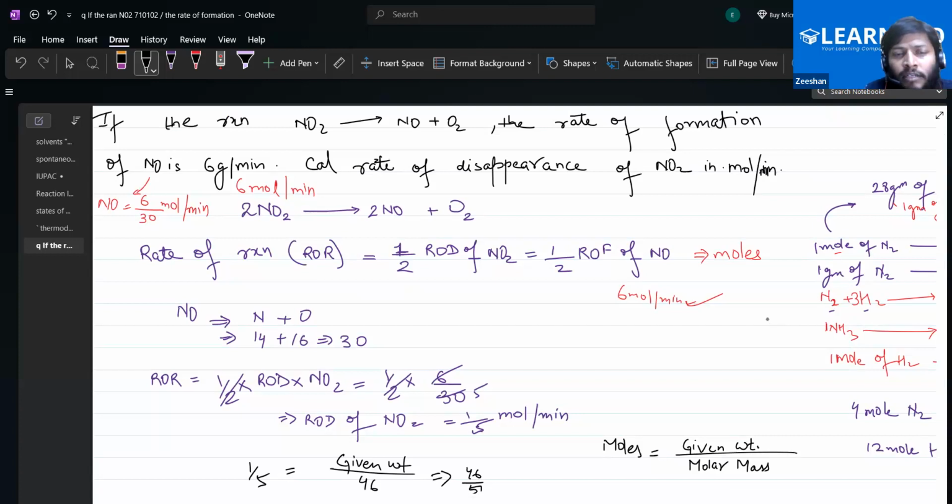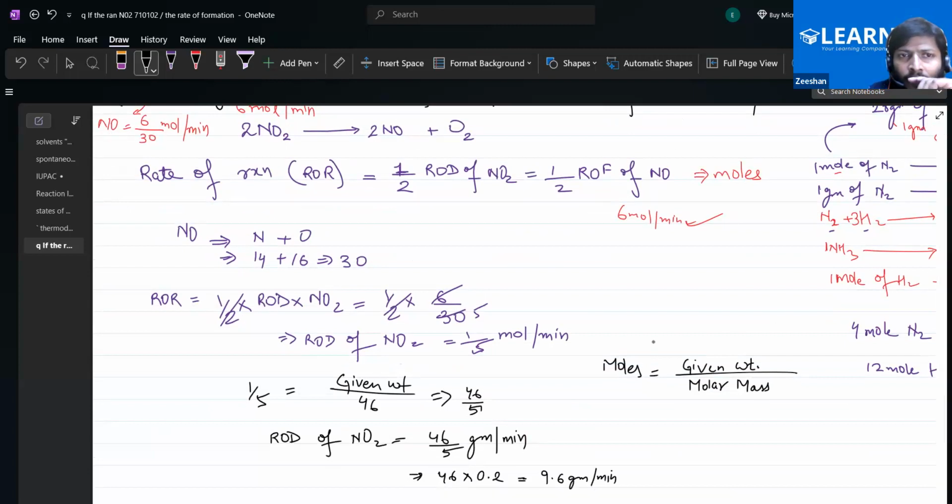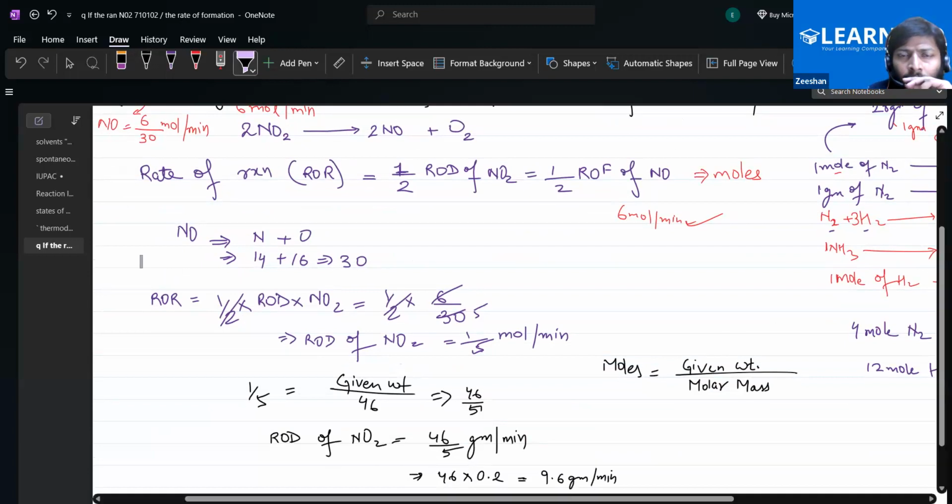So the rate of reaction will be 1 by 2 into 6 by 30. Yes, correct. Mole per minute. Another answer, the rate of consumption of NO, should be 1 by 10 mole per minute.